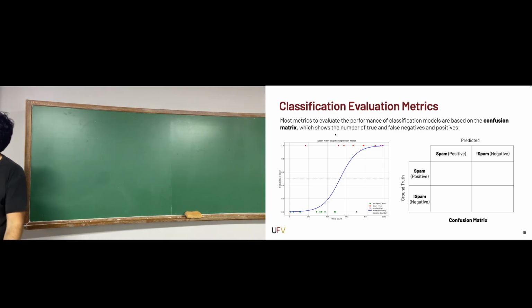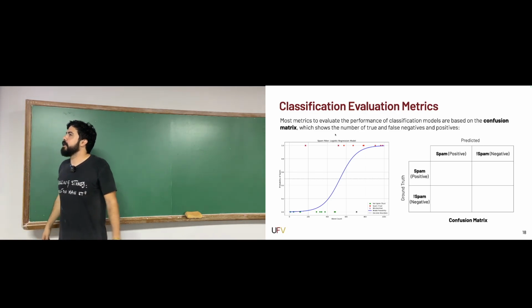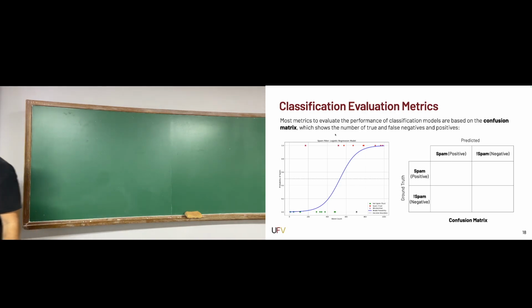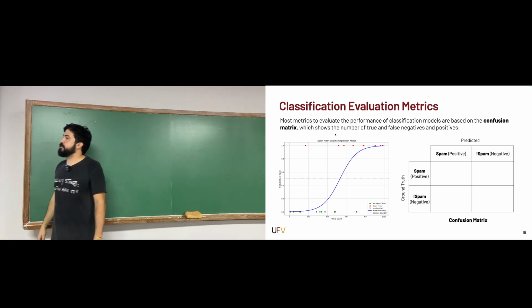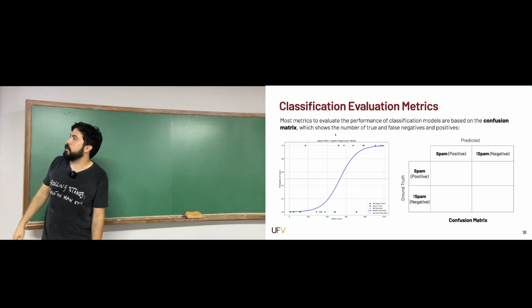So here's a hypothetical data set. The green data points are not spam, they're zeros. The red data points are spams. And you can't probably see there, but there are some examples at the top and at the bottom that are misclassified. So I have one green data point misclassified here in the bottom, and I have two misclassified emails on the top there.